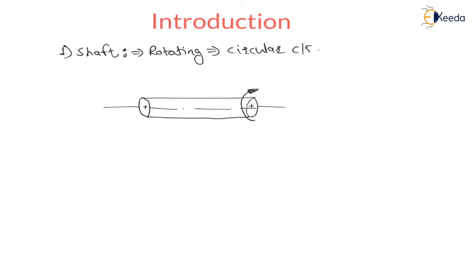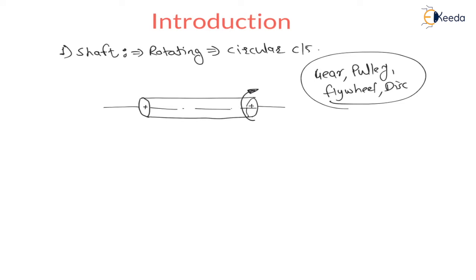Now this shaft is used to support, let us say, a gear. On the shaft a gear may be mounted, or a pulley, or a flywheel, or any disc may be mounted. This shaft is used to support gear or pulley or flywheel or any disc.